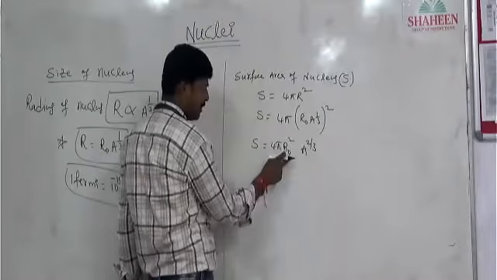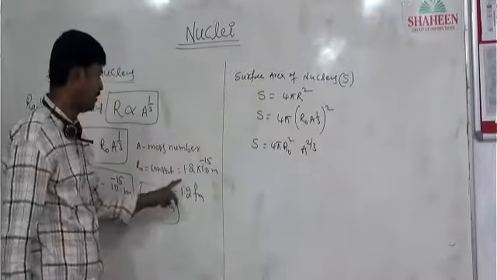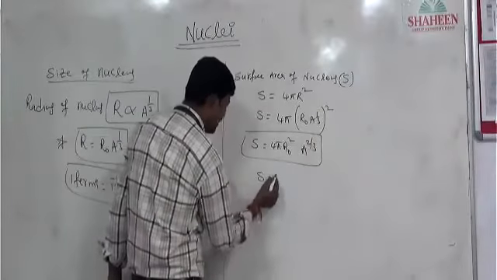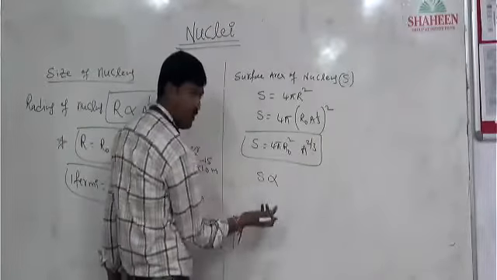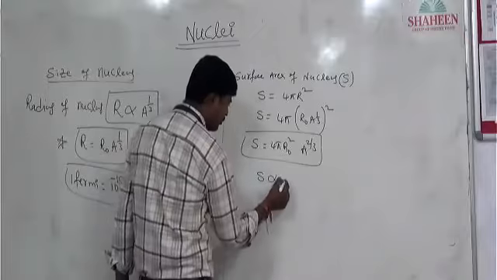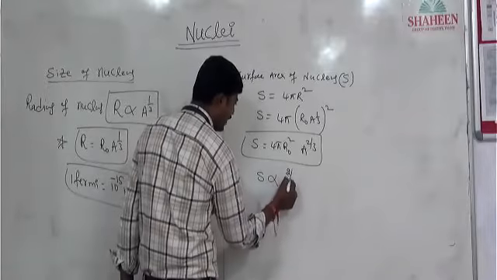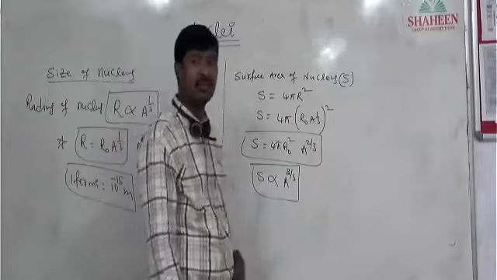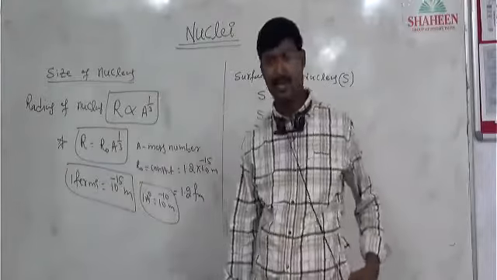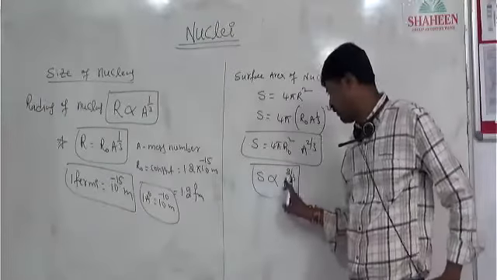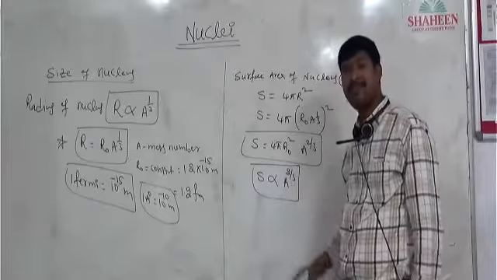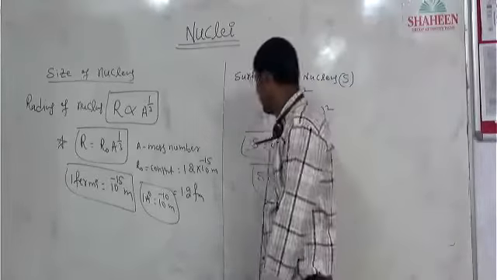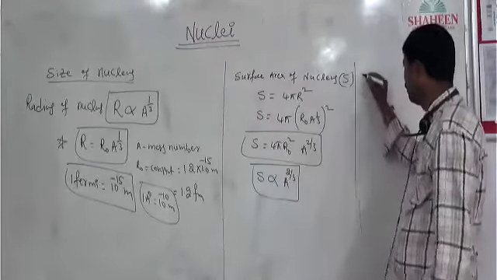But 4 pi is constant and R naught square is constant here, so the variable is A to the power 2 by 3. So the surface area of the nucleus is directly proportional to the mass number A to the power 2 by 3. Similarly, volume.